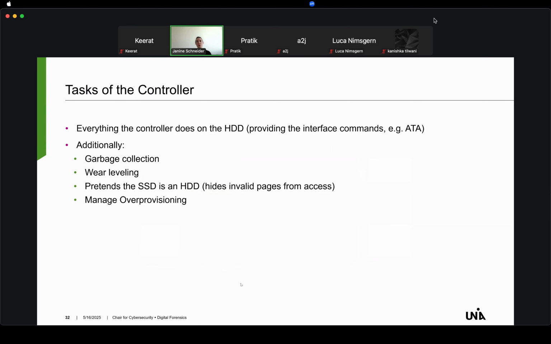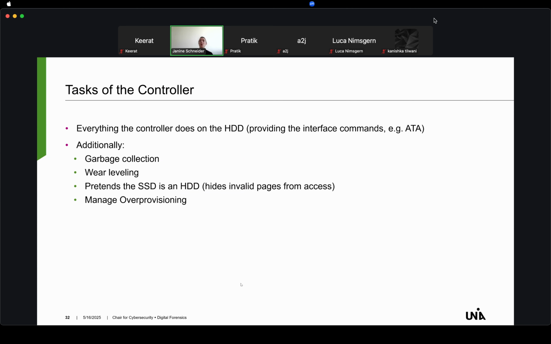Trim is another mechanism to get rid of data that isn't needed anymore in order to make reading and writing, programming and everything as efficient as possible.